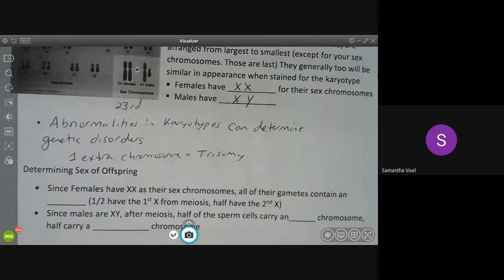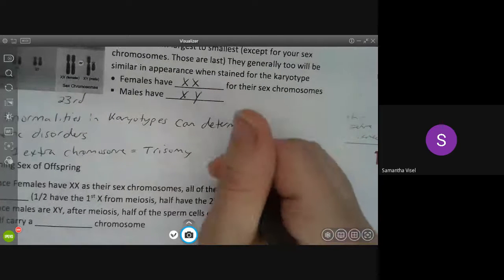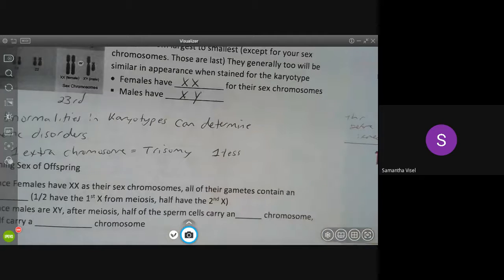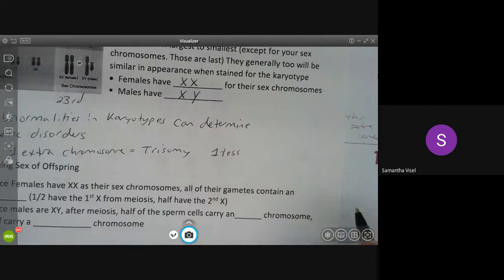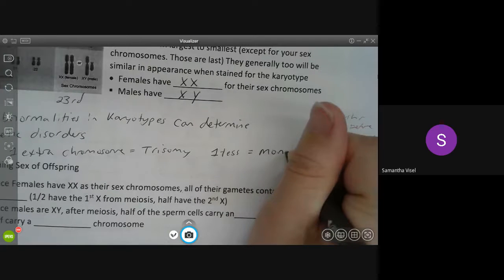So a trisomy 20 would be 3 of chromosome 20 instead of 2. And if we have one less, so just one chromosome total, so maybe only one of chromosome 22, we call that a monosomy.